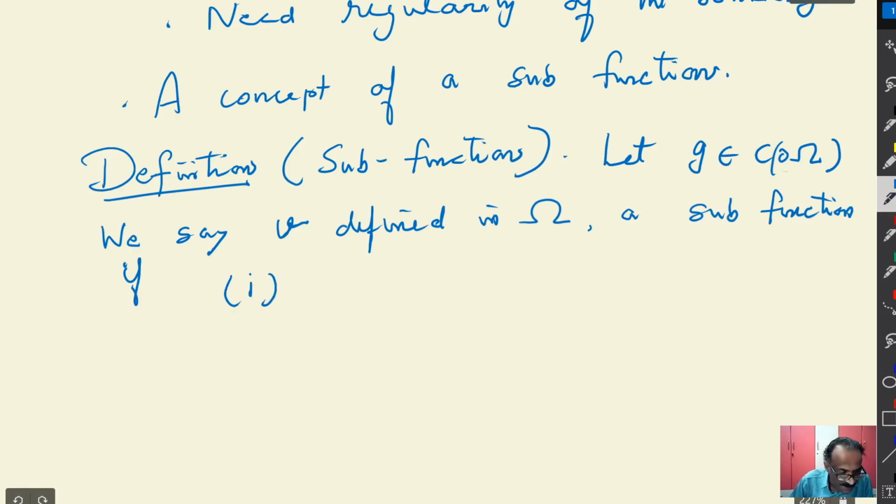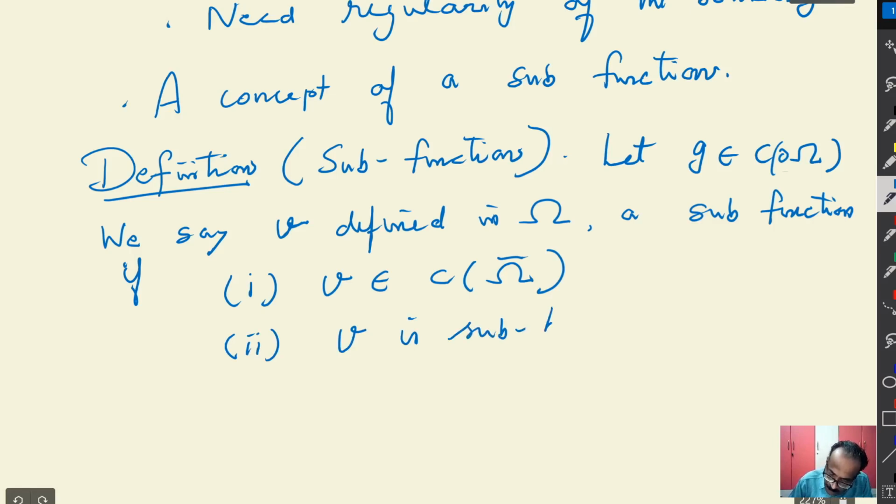One, V is continuous up to the boundary, and two, V is subharmonic in omega. So it's a continuous subharmonic function in omega.